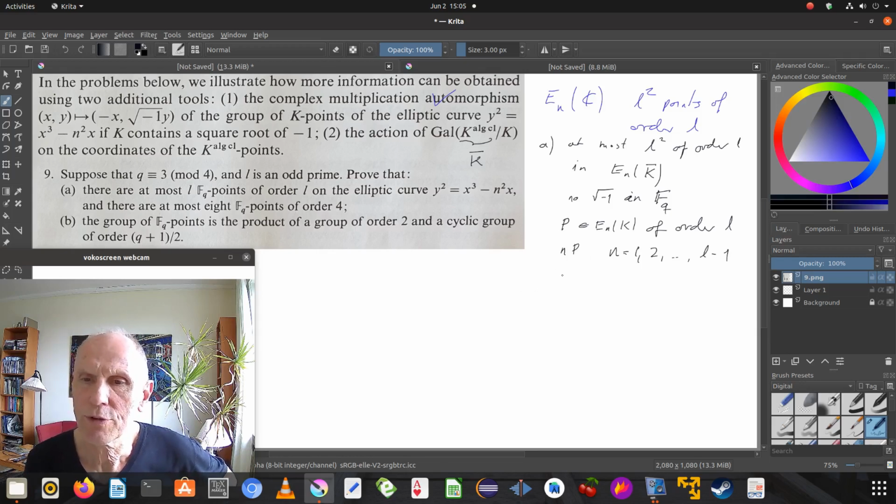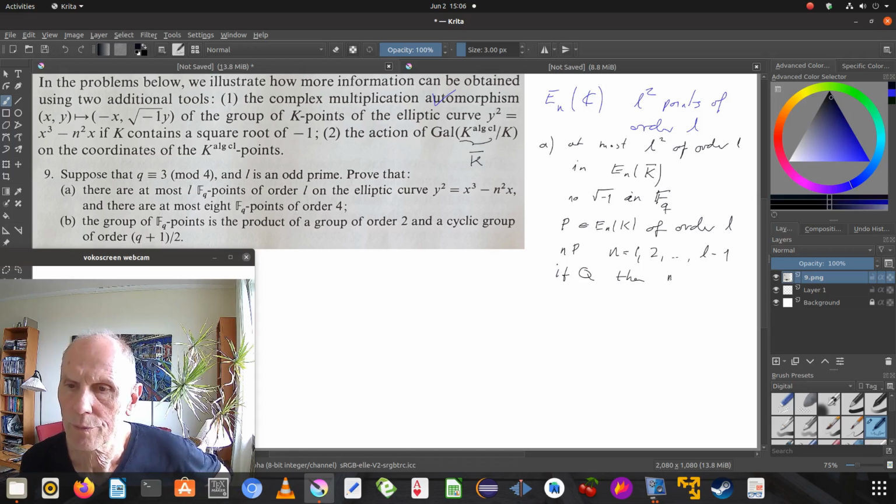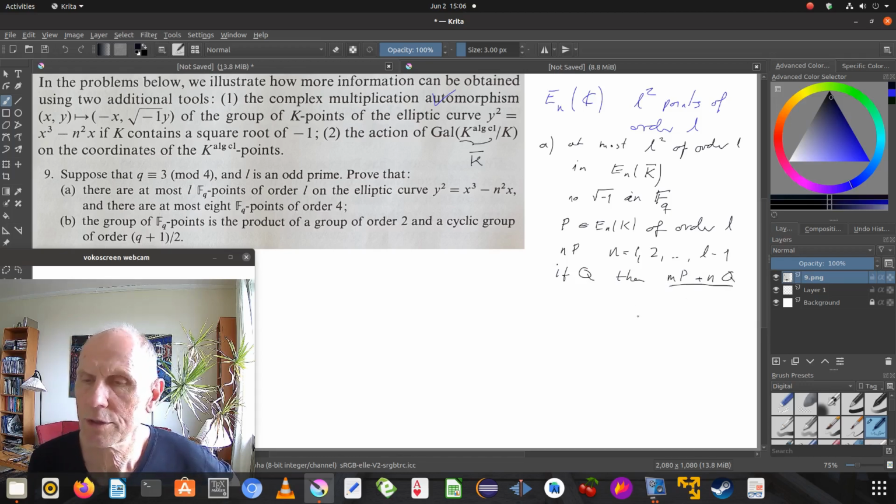And if there is another one, then I claim that all of these points make up L squared, but that was impossible. Oh, now what am I saying?